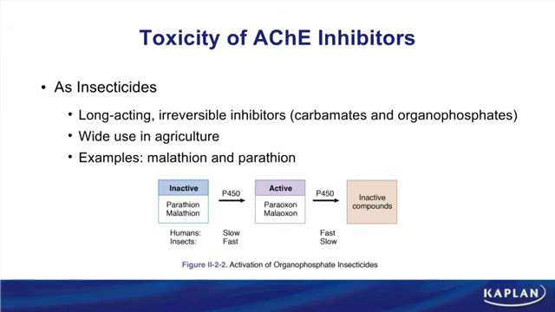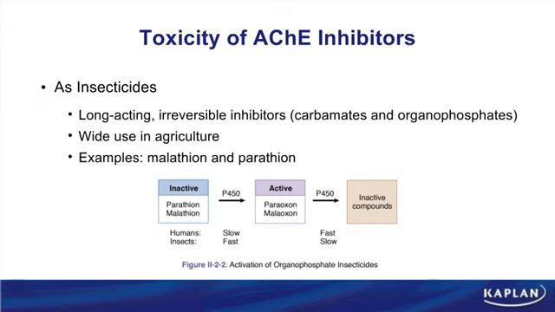For example, parathion and malathion are actually prodrugs. They have to be activated by P450 enzymes. That happens very quickly in insects, but very slowly in us. So the insects rapidly convert these drugs into their active form. And then there are other P450 enzymes that inactivate this active form. That happens very quickly in us, but very slowly in insects.